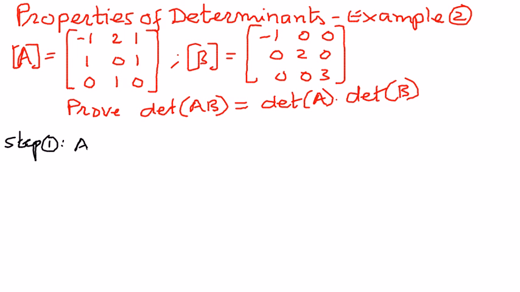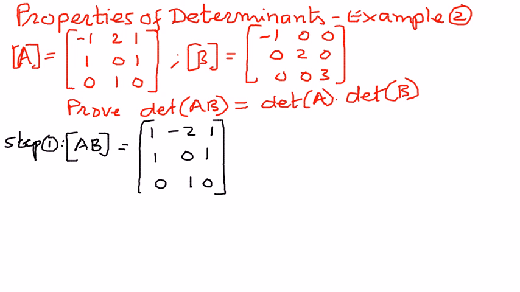Let me write B a little bit more clearly: 1, -2, 1, and then, no, this is -1 here, this is 1, 0, 1, and then 0, 1, 0, times this matrix B here, -1, 0, 0, and then 0, 2, 0, and then 0, 0, 3. Okay, we want to find the product of that.